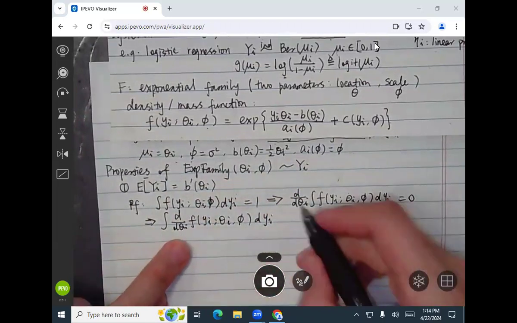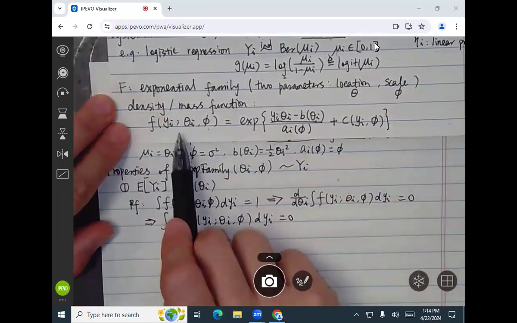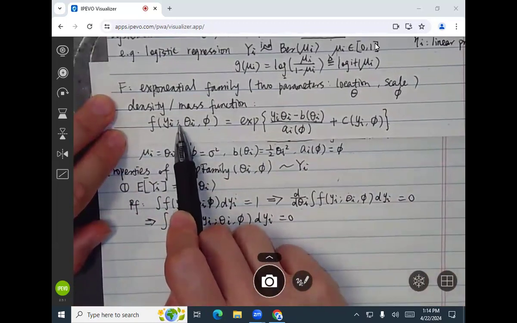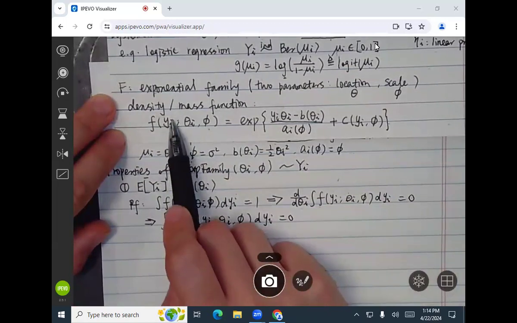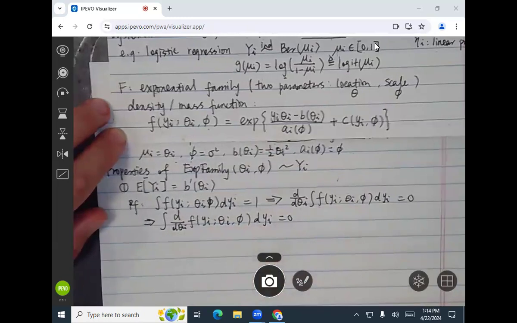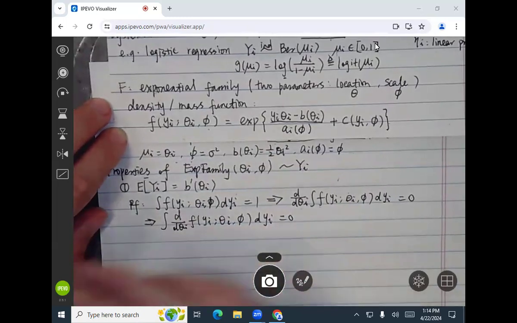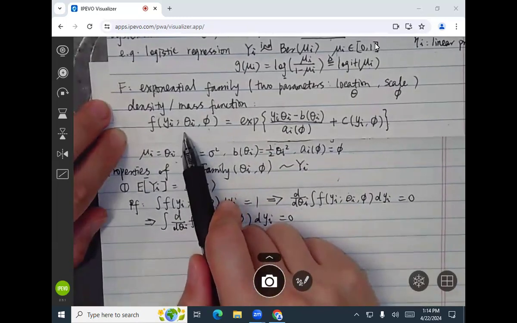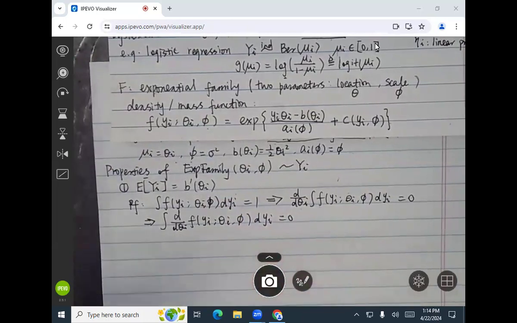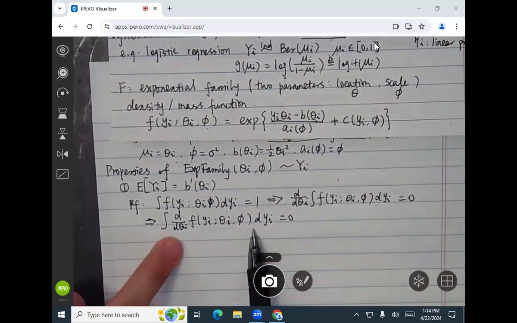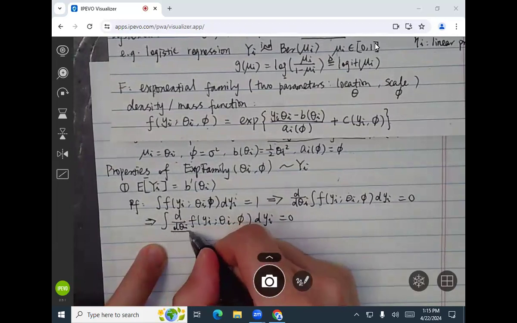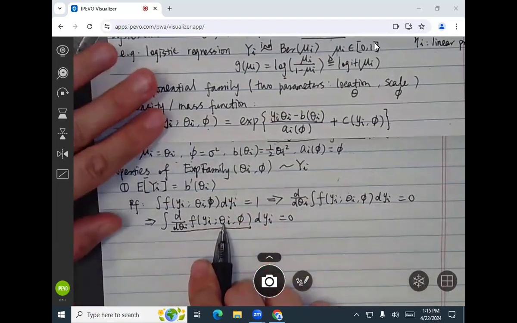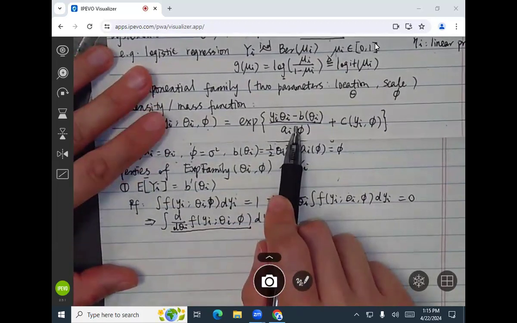One thing I forgot to say here is that when we use the semicolon, before the semicolon is the random variable whose density we're writing out, and after the semicolon are the parameters involved in the density function. So we try to separate the random variable value and the parameters. Once we get to this step, we just take the derivative against theta i using the form here.